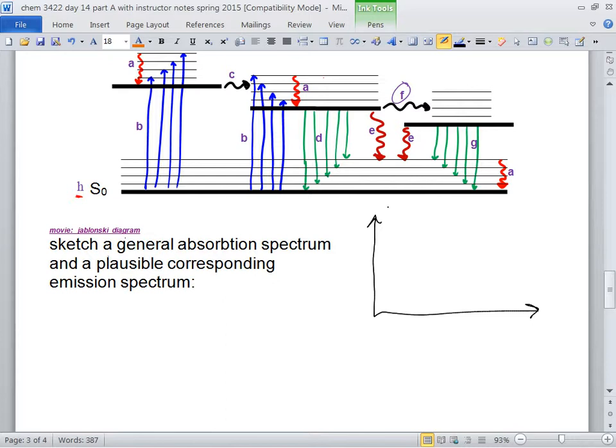Yeah, wavelength. And what are the units? NM. NM is for what? Nanometers. 10 to the negative 9 meters. Roughly the size of what? An atom, right? How big is a molecule?